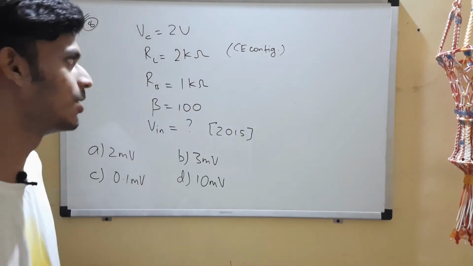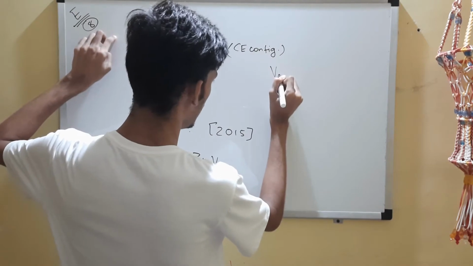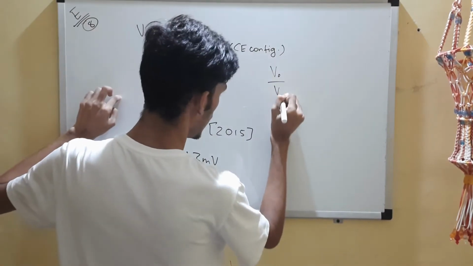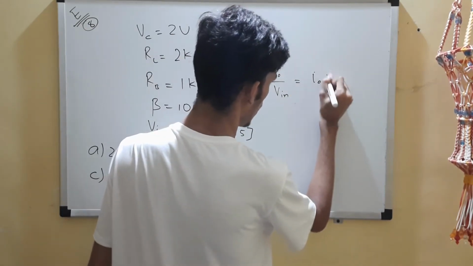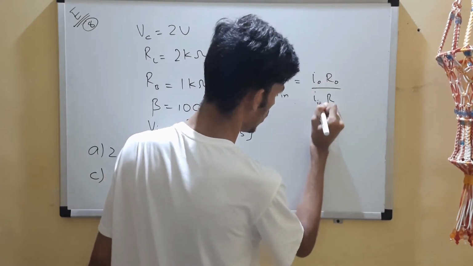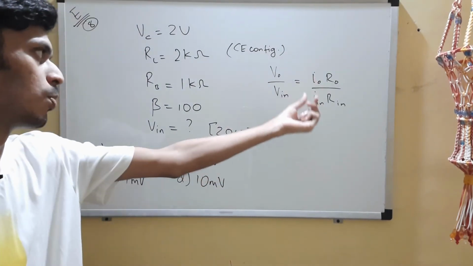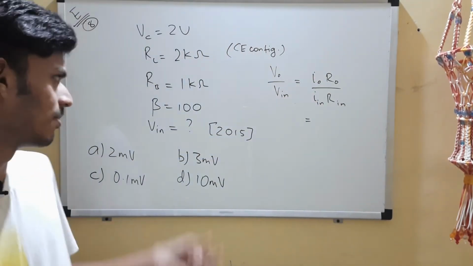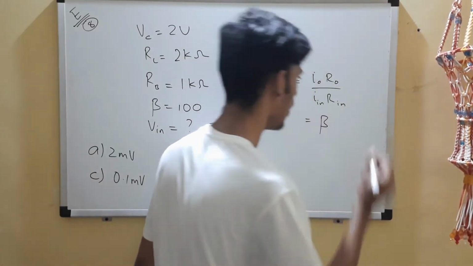Okay, so again we can use the same idea that we used in the previous question, which is finding voltage gain. So voltage gain will be output voltage by input voltage, right? So output voltage, you can write it as IO into RO, and input voltage as II into R input. Okay, so you can see that output current by input current is nothing but the current gain, right? Output current by input current will be nothing but beta, right?